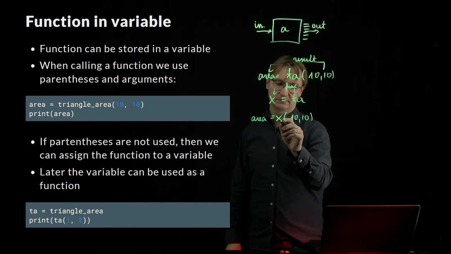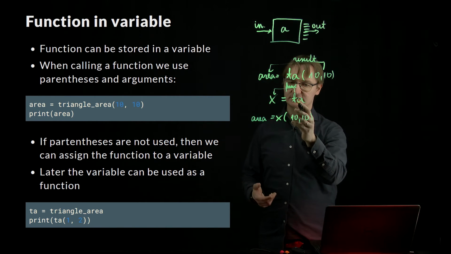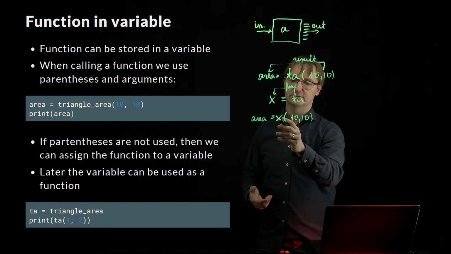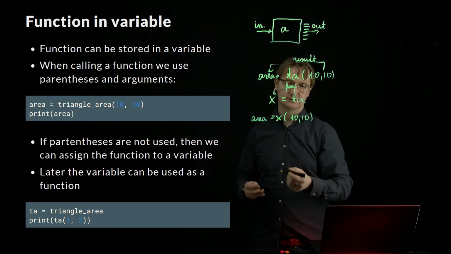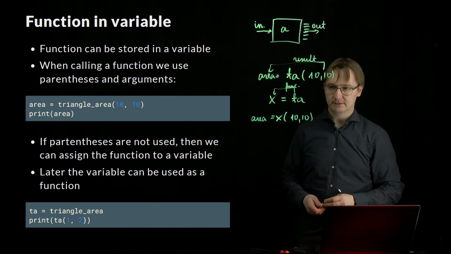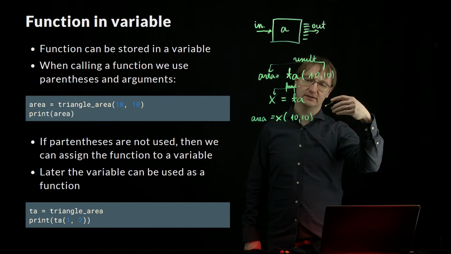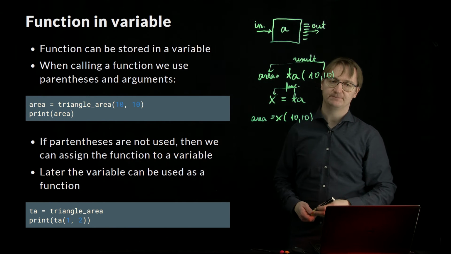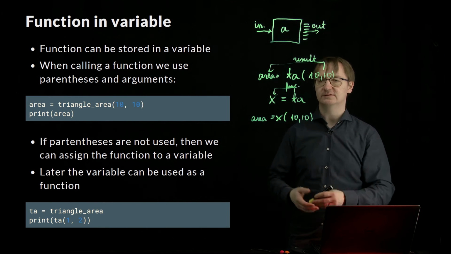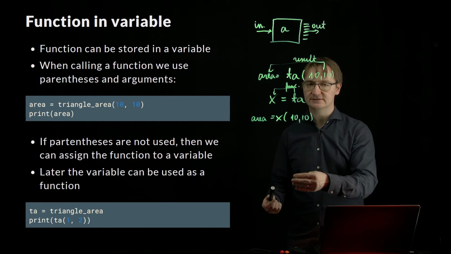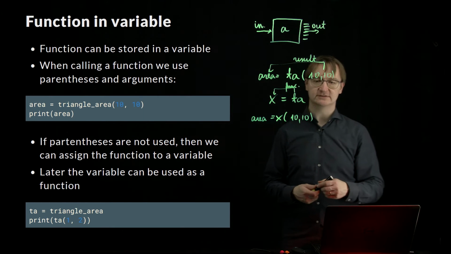So if I call x, then it sees that, okay, this variable points to this function, and now it calls this function with those values, and it works as the regular function itself. So basically, even in the case where I declare a function, it kind of declares a variable which has the name of the function, and this variable points to the memory where the function is held.